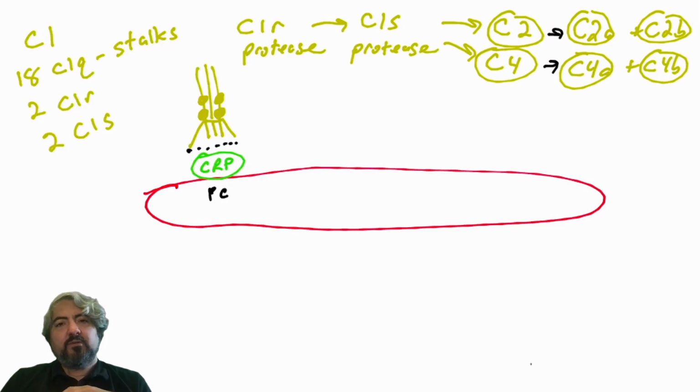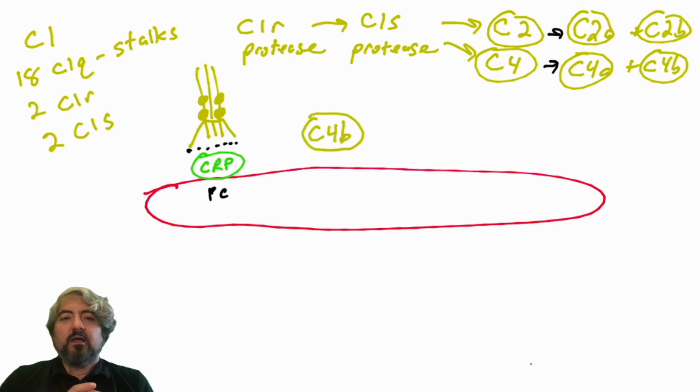Okay, well, that's interesting. What do these proteins do when they're cleaved? Let's see. First, let's talk about C4. When C4 gets cleaved, C4b looks and acts a little like C3b. Remember when C3 got cleaved into C3a and C3b?